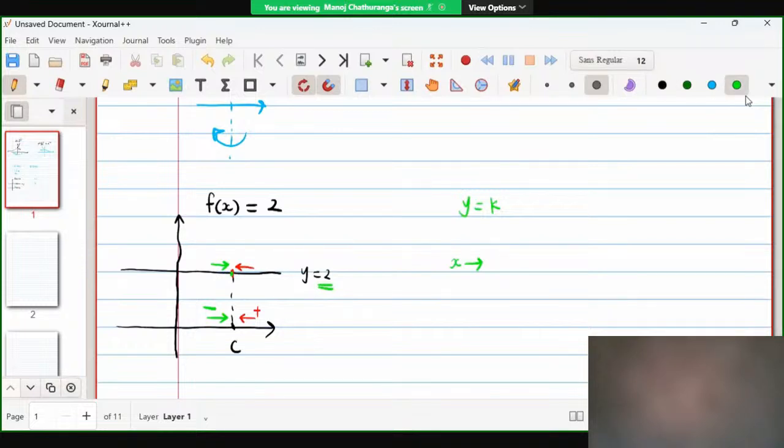Now, as x goes to c, the limit of the constant function k is k. It doesn't depend on the c value. It is always k.